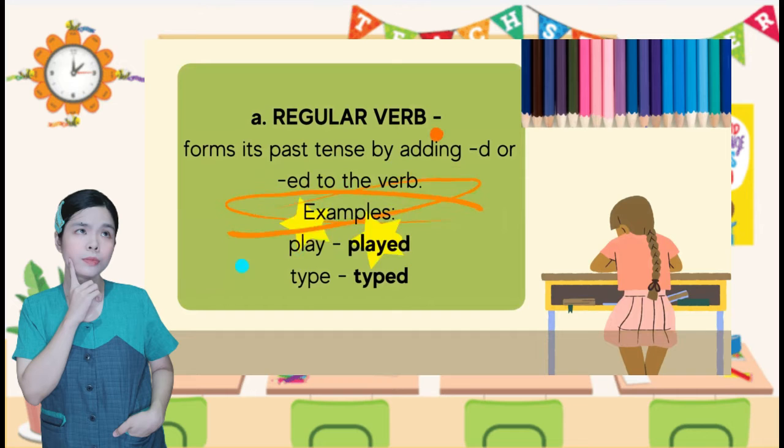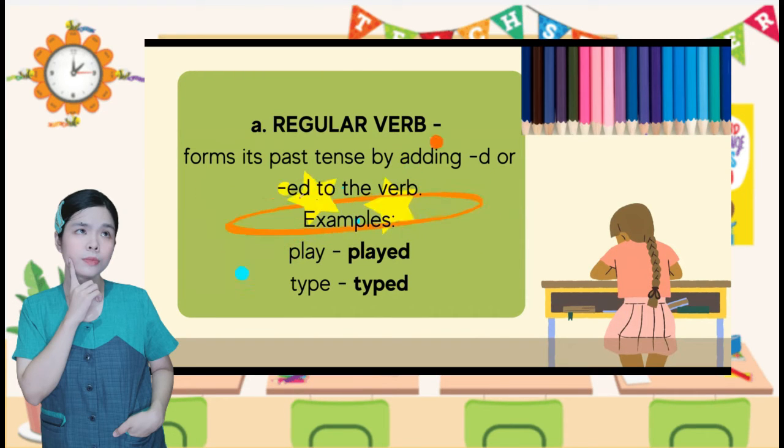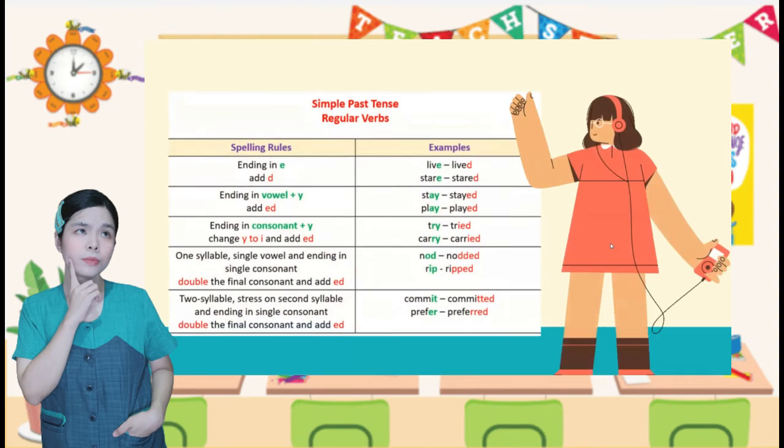A regular verb forms its past tense by adding ed to the verb. For example, play. We're just going to add ed: played. Type, typed. That's it. There are also rules, class, in forming the past tense of regular verbs. So these are the rules.